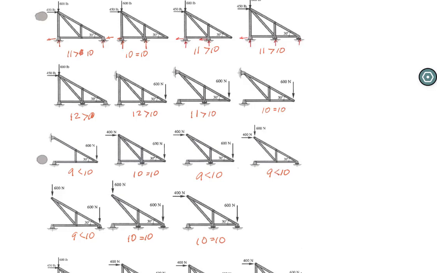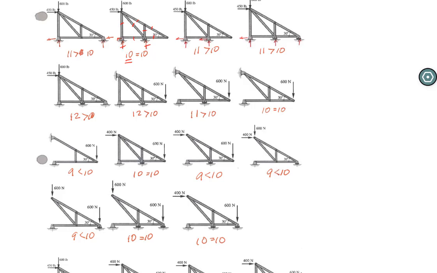But let's look at this next one. If I look at the reaction forces here, this is a pin, and this is a roller. So let's count the reaction forces plus the number of members. I got this as 1, 2, 3, 4, 5, 6, 7, 8, 9, 10.